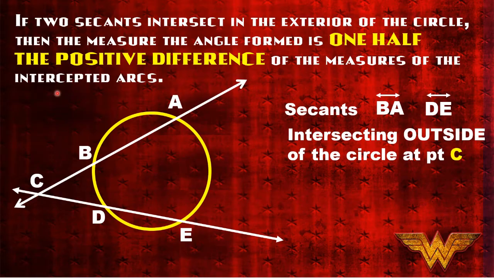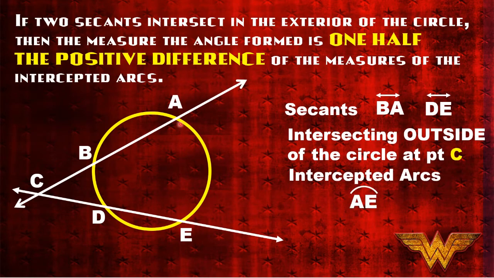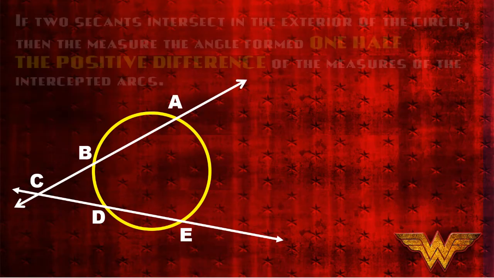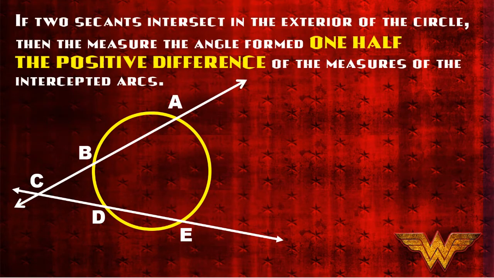Then, the measure of the angle formed is 1/2 the positive difference of the measures of the intercepted arcs. Let us first identify the intercepted arcs. We have arc AE, this one, and arc BD. This is what we mean by the theorem.